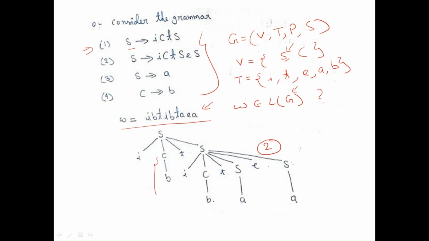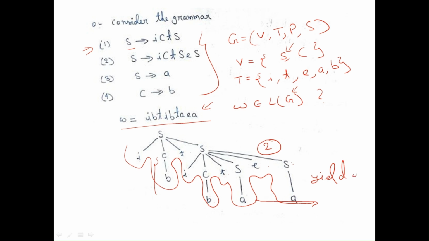C is rewritten as B, S is rewritten as A, and S is rewritten as A. If we read from the leftmost leaf to the rightmost, then we get the yield of this parse tree or derivation tree.